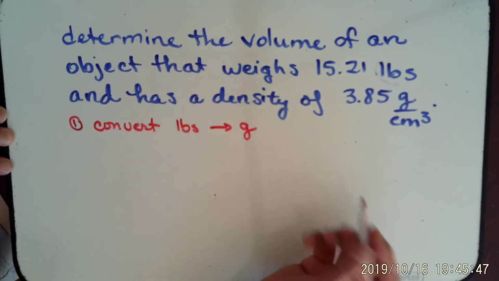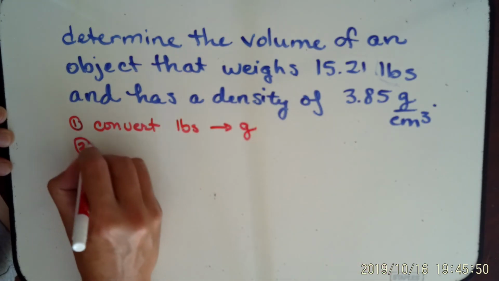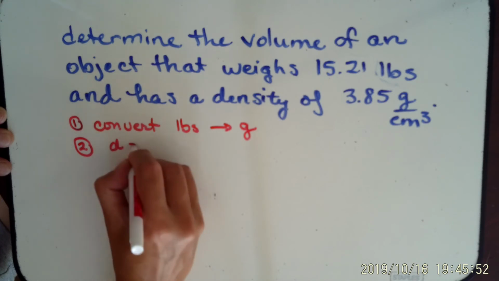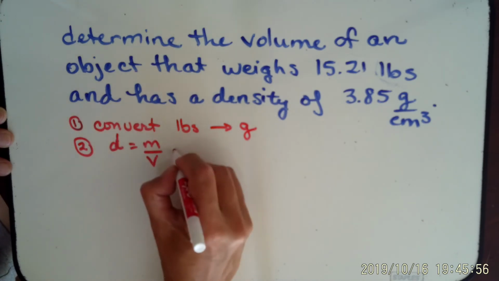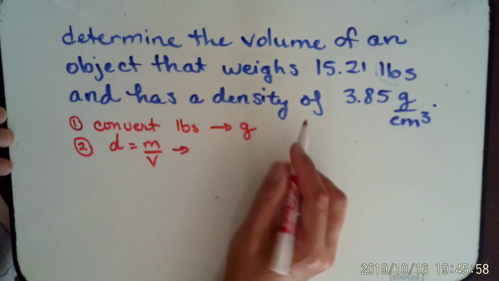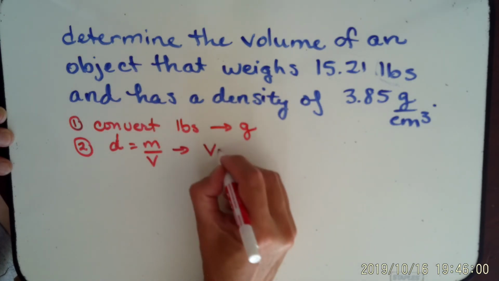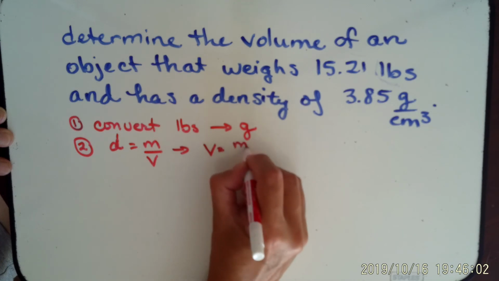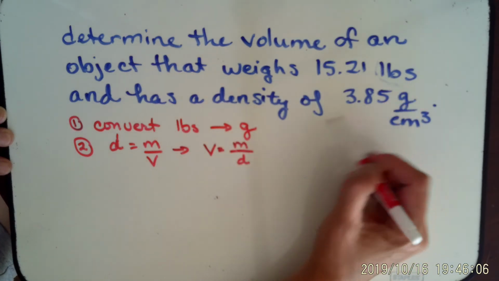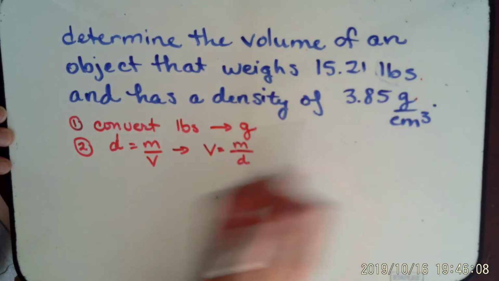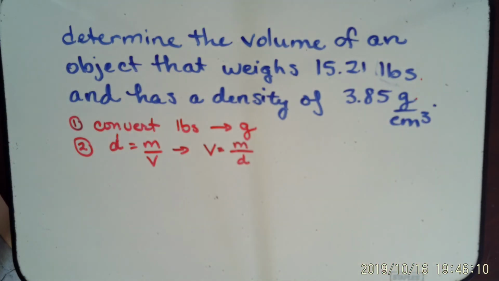And then we can use our formula. Density is equal to mass over volume, and we convert that equation. We're looking for volume, so volume is equal to mass divided by density. Make sure our units are in agreement.